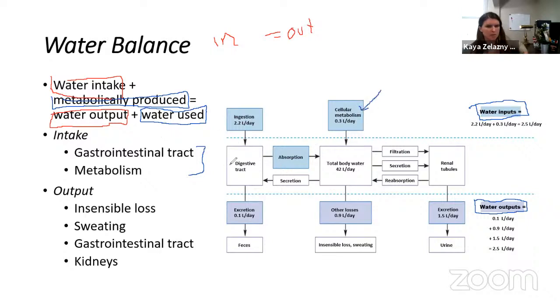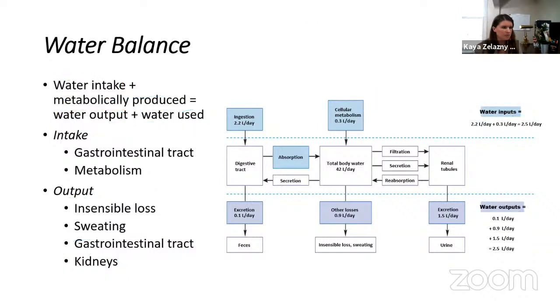As we break down glucose, we produce water. Output is just all sorts of ways that water leaves our system. So it may leave through the GI tract, it may leave through the kidneys and become urine, it may leave through sweating, it may leave through insensible loss, which might be things like breathing.